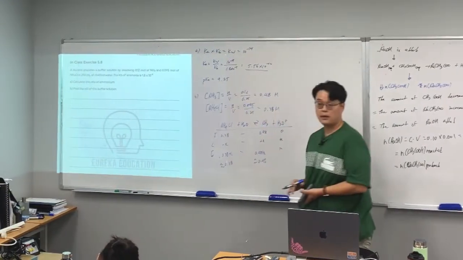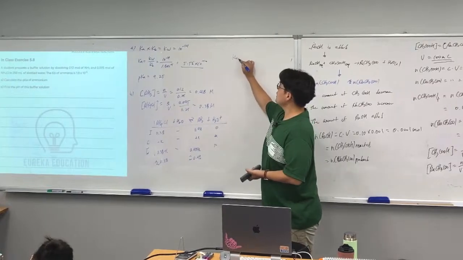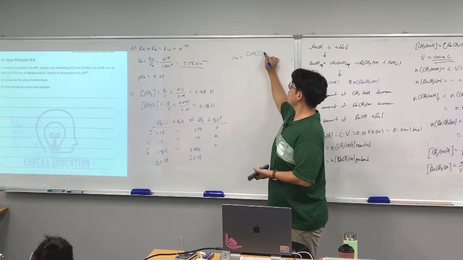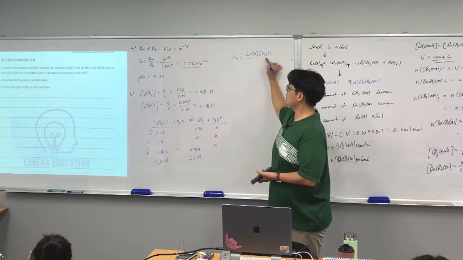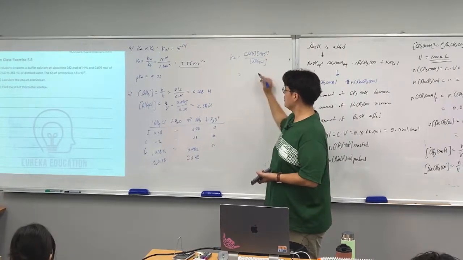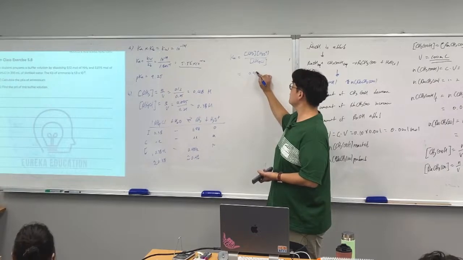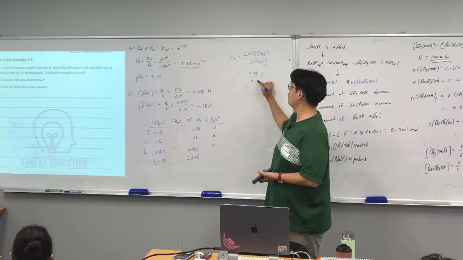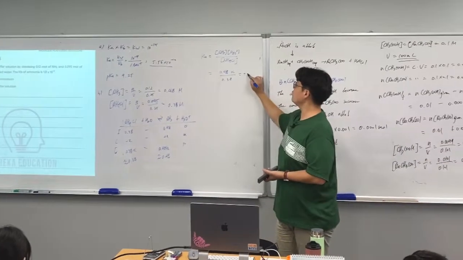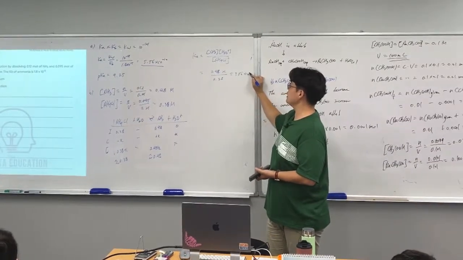Then the Ka expression would be the ammonia concentration times the hydronium concentration divided by NH4Cl. That's 0.48 x divided by 0.38. That's giving Ka 5.56 times 10 to the power minus 10.